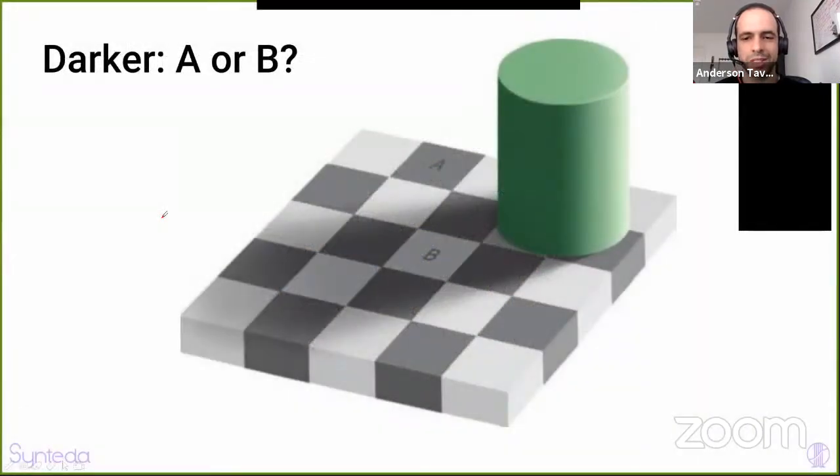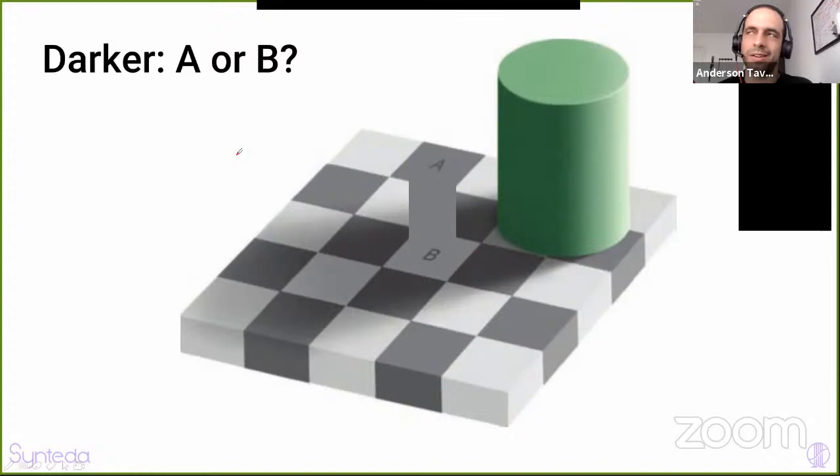Another experiment is, can you see which is darker, the A or the B? It seems that the B square is brighter. But if I add a rectangle of the same intensity, we can see that the illusion is destroyed.